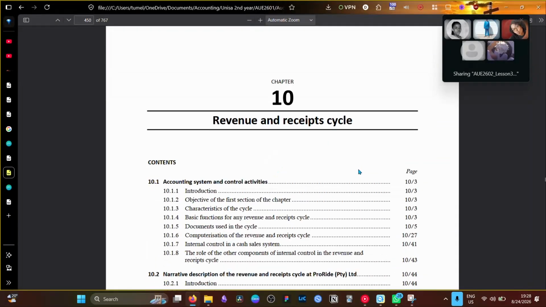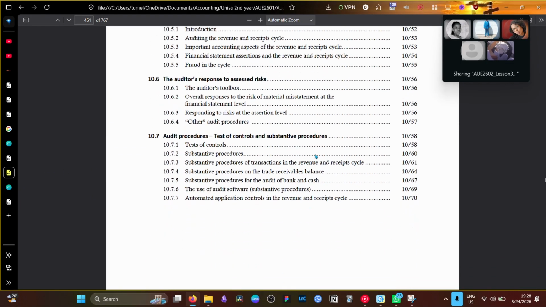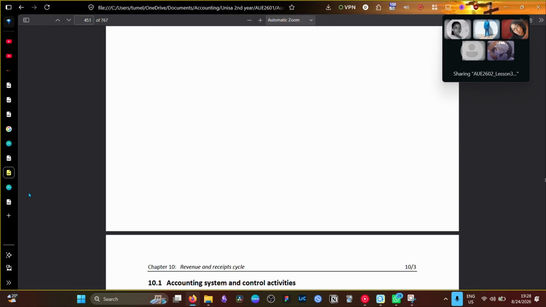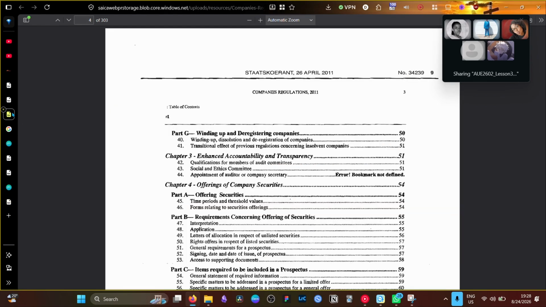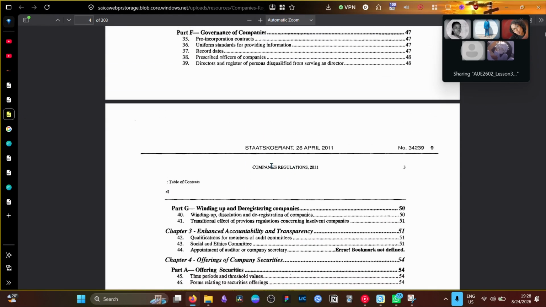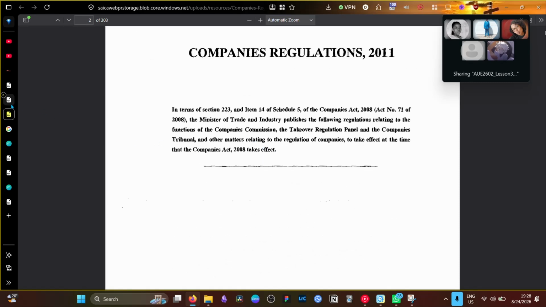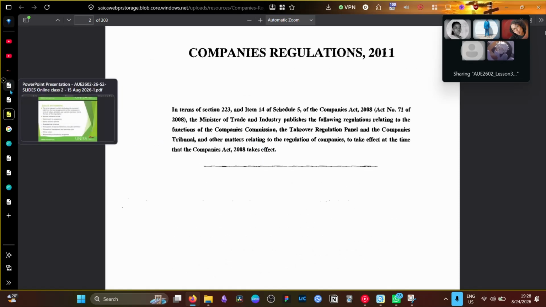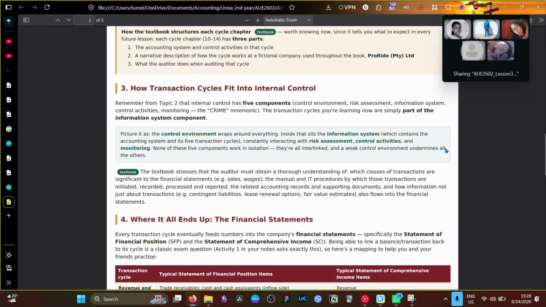Chapter 10, revenue and receipt cycle, which just shows that it's important to interchange these and not just stick to these notes, but also use your auditing notes. There's even companies regulations, more so in lesson one. There's so much one can use to better understand the information we're given.